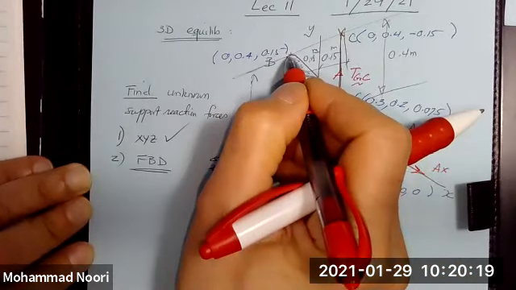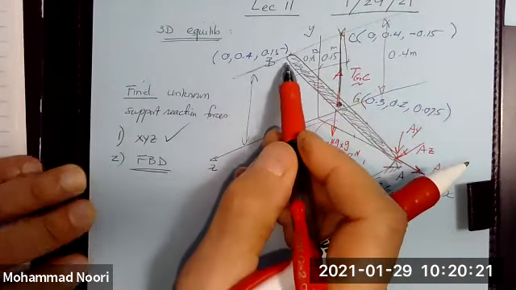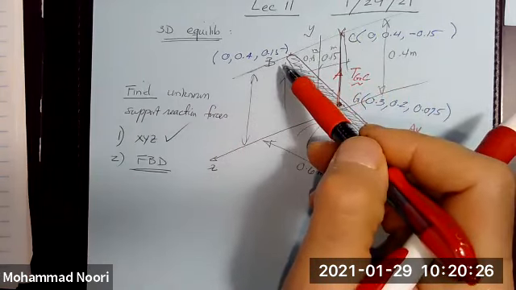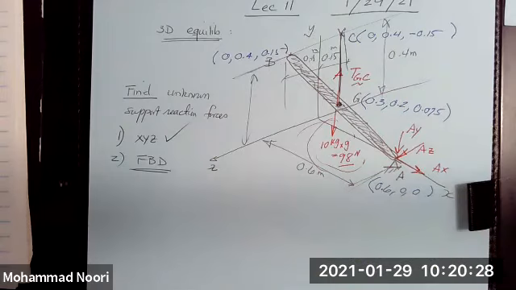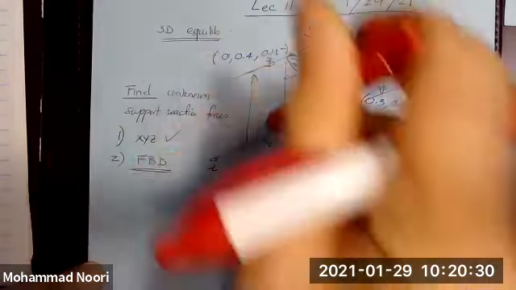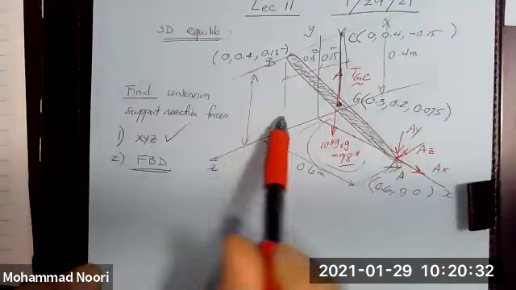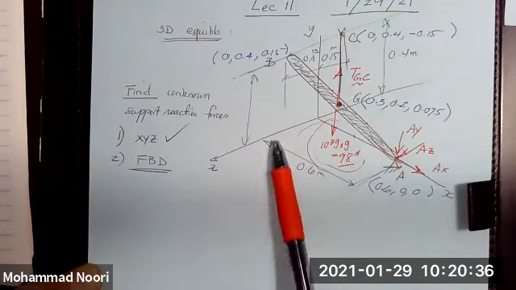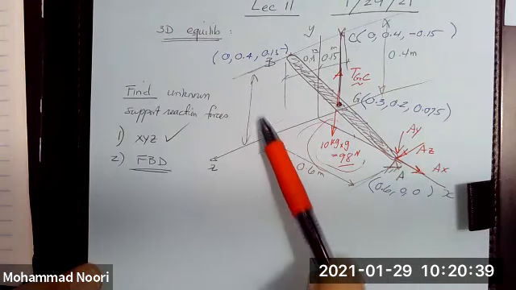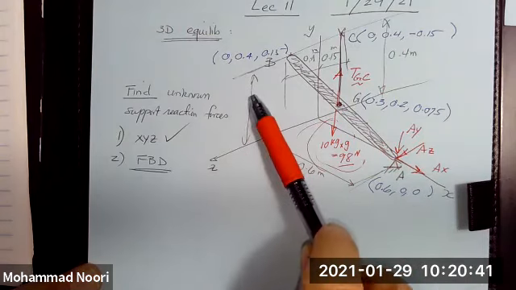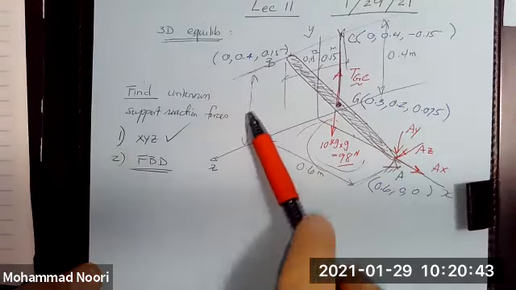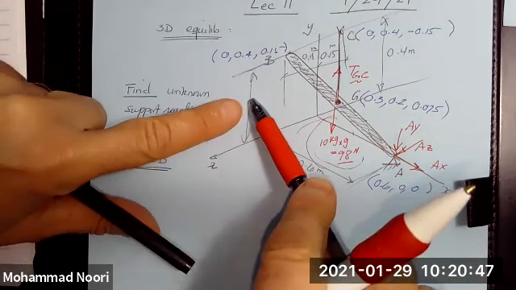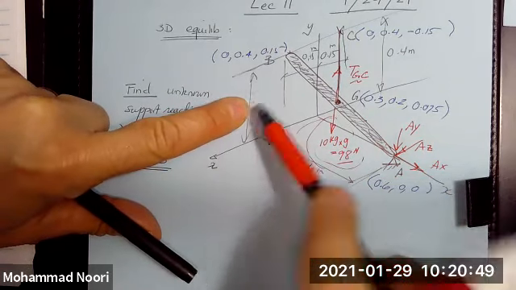And then how many unknowns do you think you have at this point B? This can rotate in any direction. It's like basically what you have is something like this. So it can rotate in any direction. It can slide in any direction, right? So this is that bar, right? It can move this way. It can move that way. It can rotate in any direction. The only direction it cannot move is pushing against this plane.